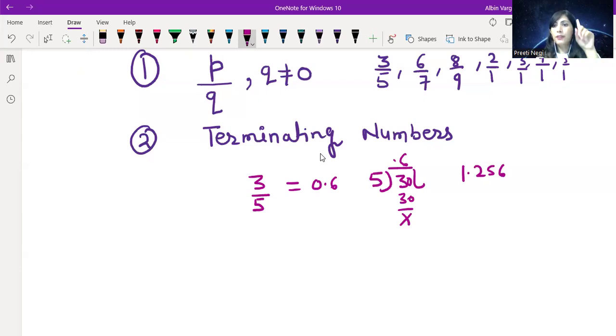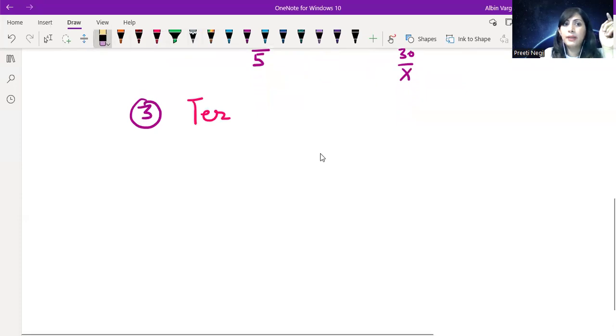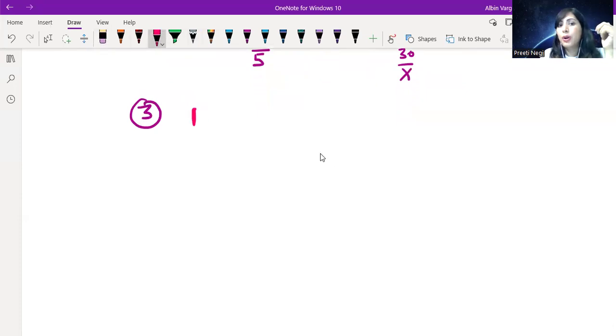Okay, so the first thing is which we can write in a P upon Q form where Q is not equal to 0. The second thing is where the numbers are terminating numbers, right? The decimal numbers are terminating numbers. And the third thing is non-terminating but recurring.